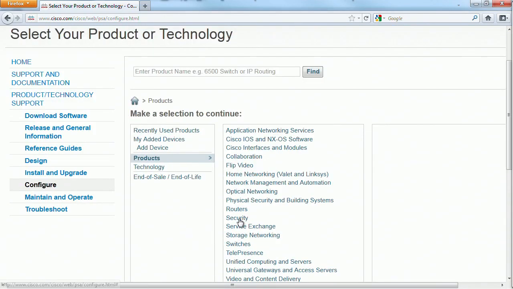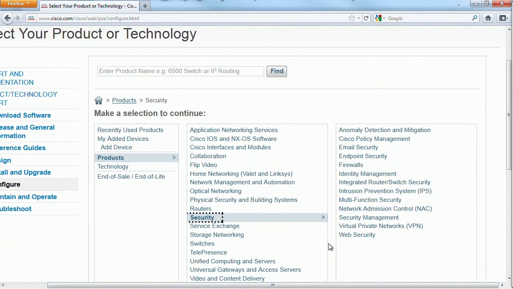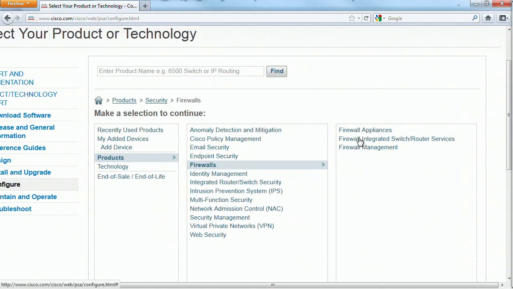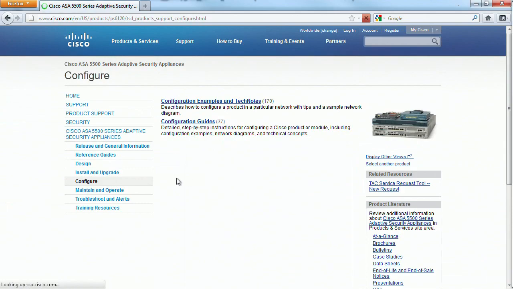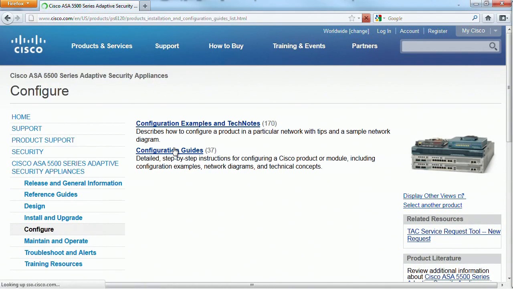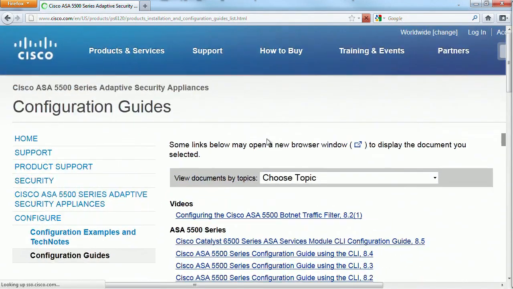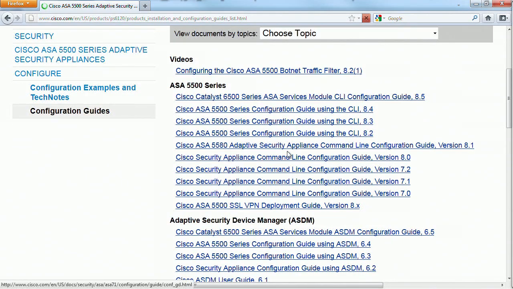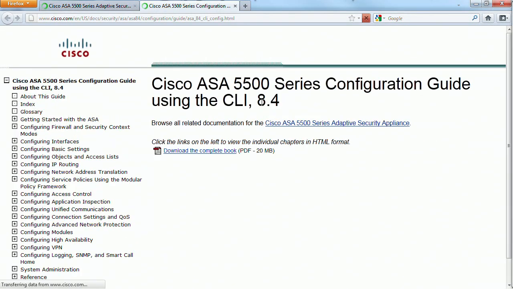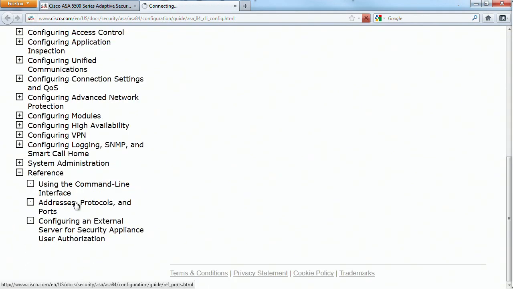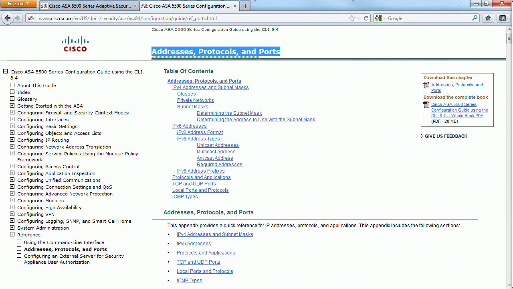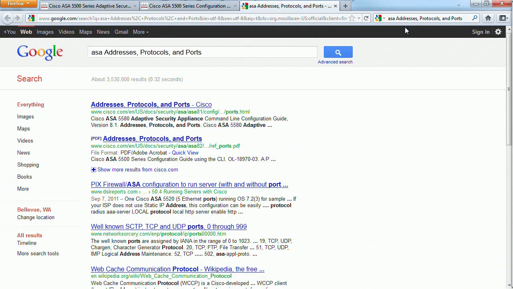Then products, security, firewalls, firewall appliances, ASA 5500, the configuration guides, whatever the version is. You can pretty much choose any of these. And then at the bottom, it's under reference and addresses, protocols, and ports. You could probably just search for this. If you searched ASA addresses, protocols, and ports, it'll probably link you right there.